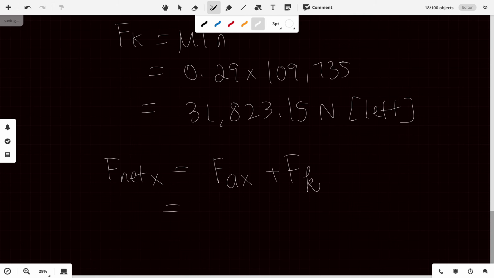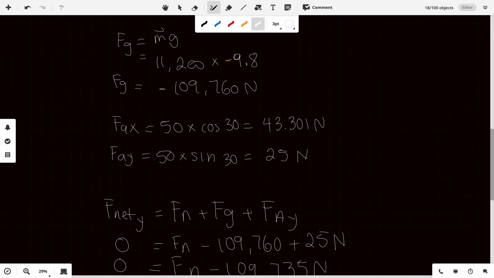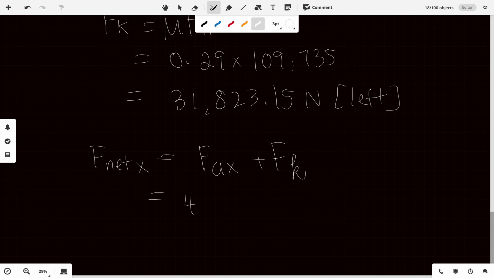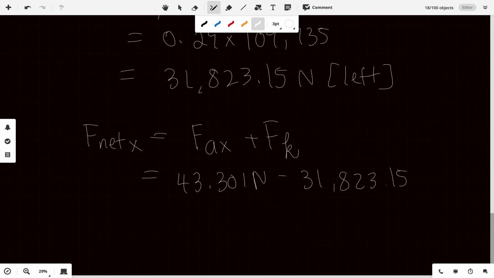Fax, which is what we solved earlier, is 43.301 newtons, and Fk is 31,823.15 newtons. Notice that Fk is negative because we consider Fax going to the right to be positive, and Fk, since it's in the opposite direction, is going to be negative.